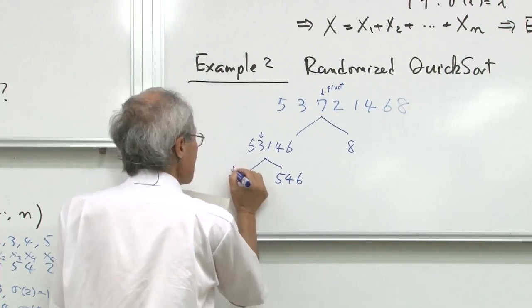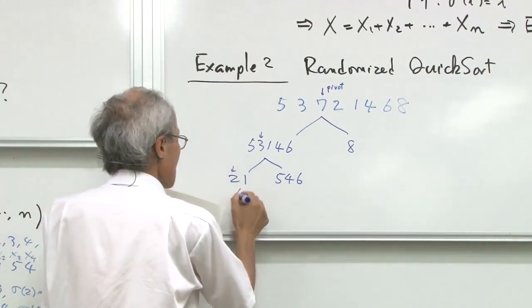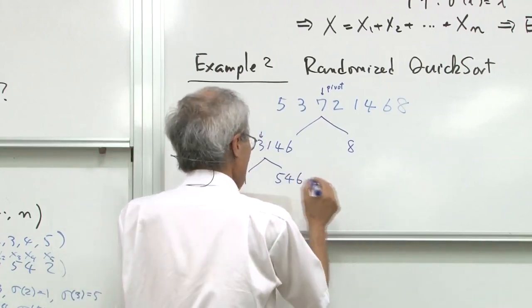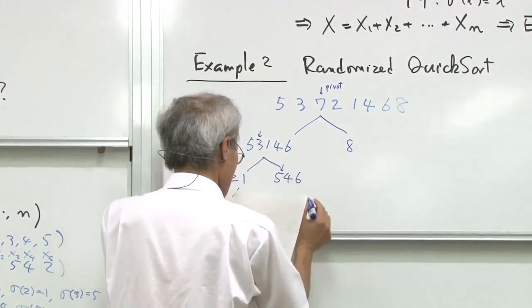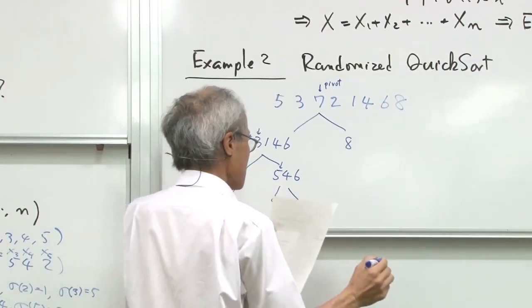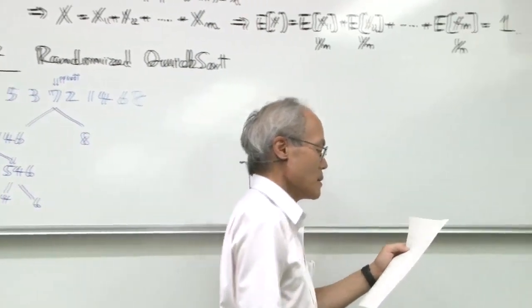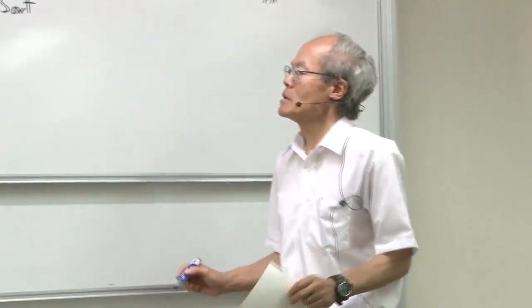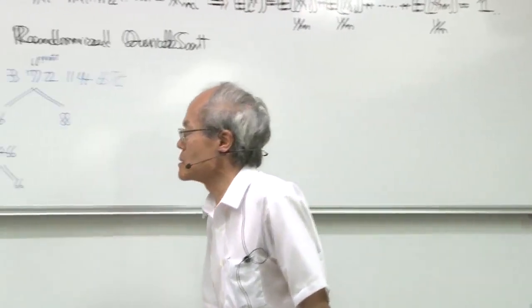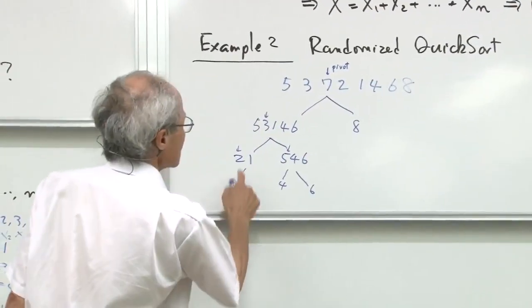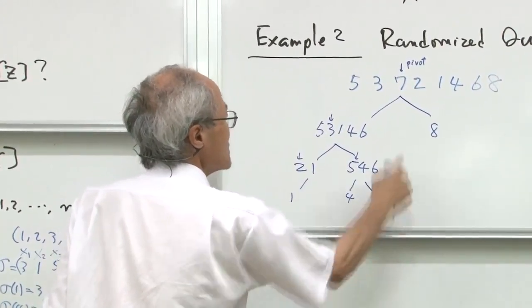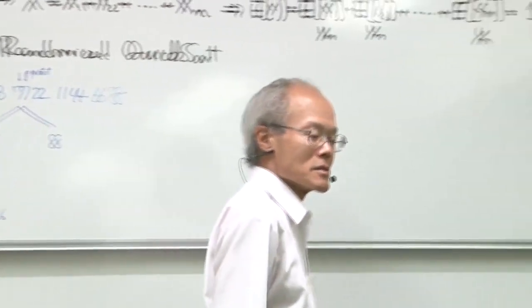Then pivot is 2, then 1. Your pivot is 5, then 4, 6. Okay, so we are done. We have done sorting. That means 1, 2, 3, 4, 5, 6, 7, 8.